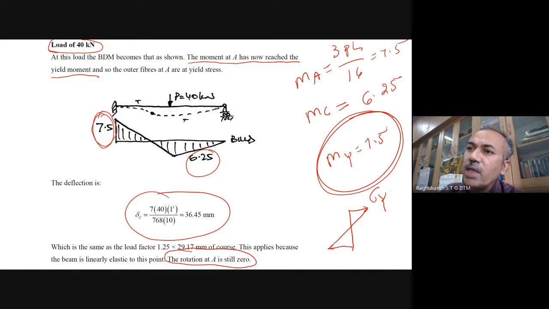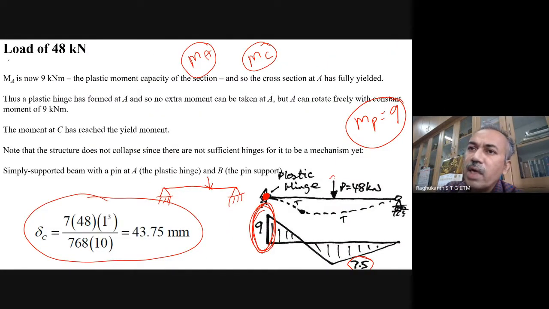Now, when you increase the load to 40 kilonewtons, suddenly MA reaches 7.5, that is the yield moment, and plastification starts here. But at C, it is still in the elastic range itself. Okay, and then if you keep increasing the load to 48 kilonewtons, the bending moment at this place becomes 9, which is exactly the plastic moment capacity.